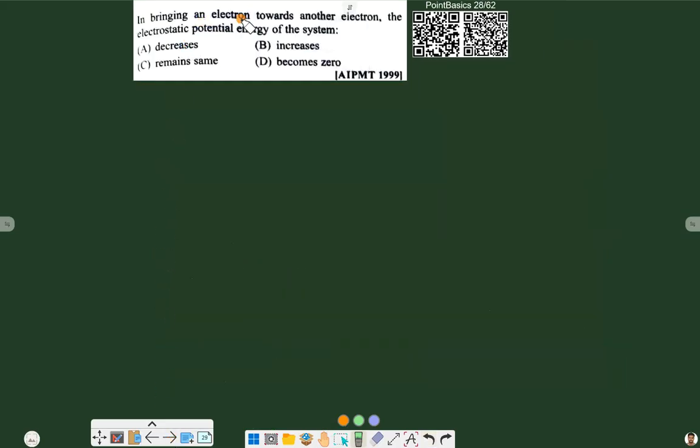In bringing an electron towards another electron, the electrostatic potential energy of the system will become. Now suppose this is our first electron, it has negative charge, so minus q, and this is our second electron, this also has a negative charge, and the distance between them is represented by r. Now suppose this is stationary, so non-moving, because normally we take potential due to a stationary charge.